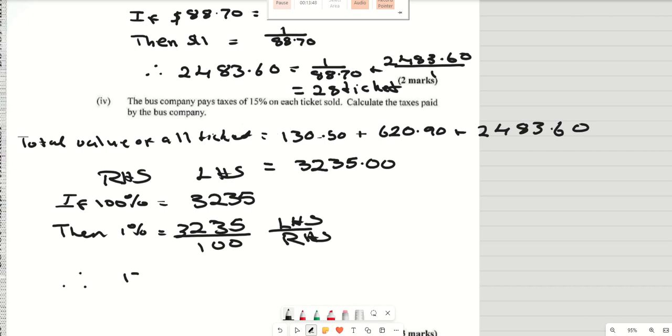Therefore, they want to know what is 15%. 15% is going to be 3235 over 100 multiplied by 15 over 1. This is 15, not 25. Let me just erase this. 15.